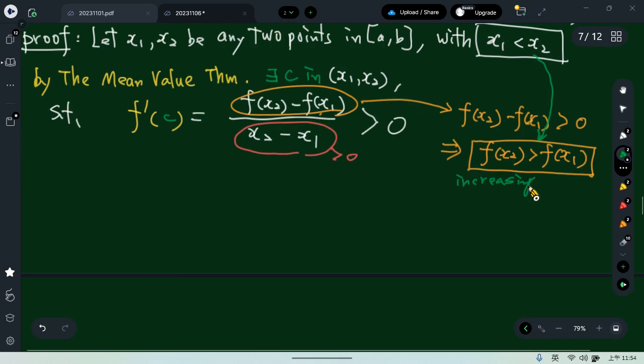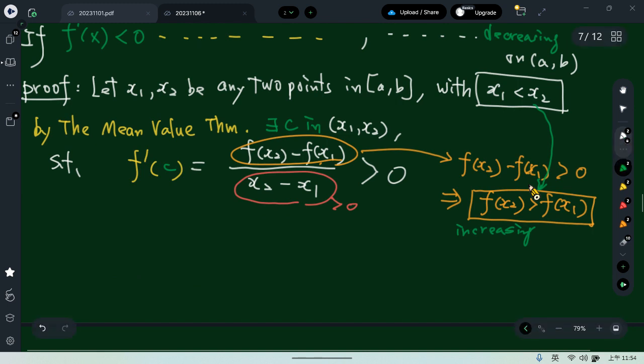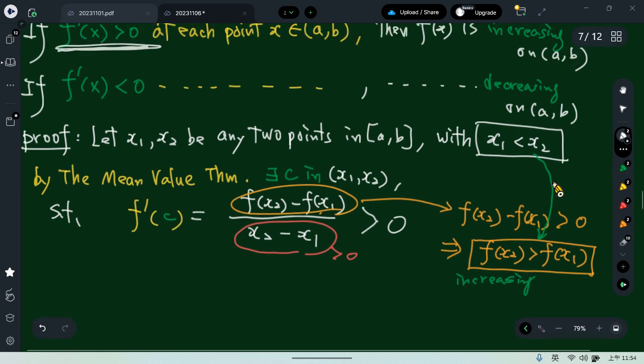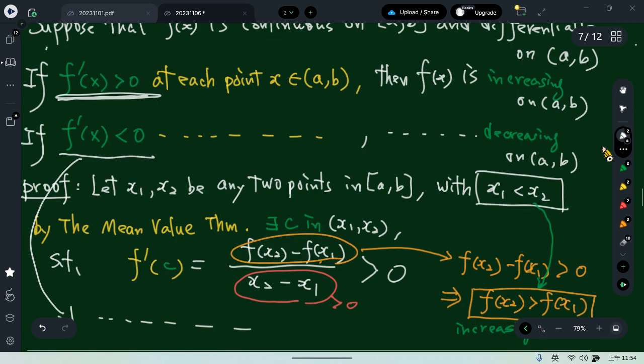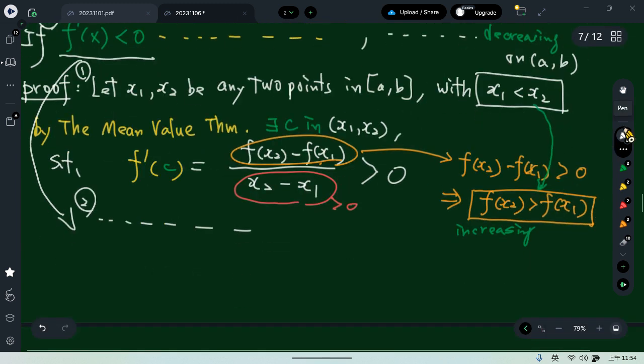Similarly, for this case, we still follow the same argument. Maybe this is 1, this is 2. We follow the same statement with S1 less than S2.